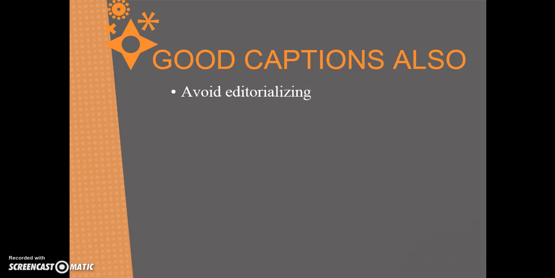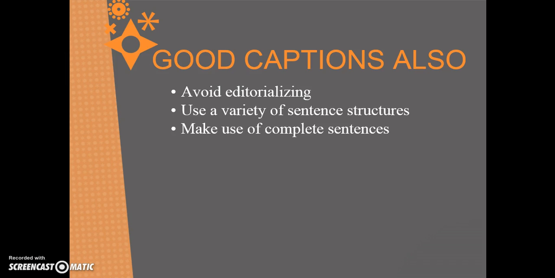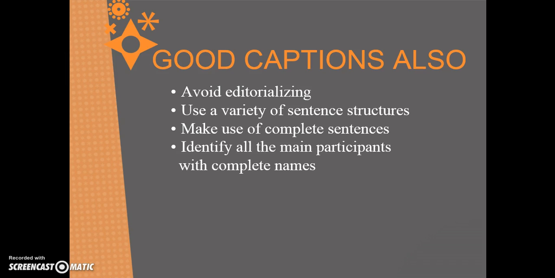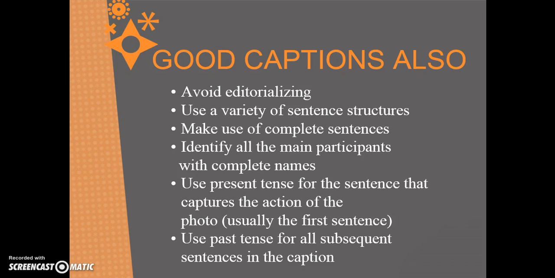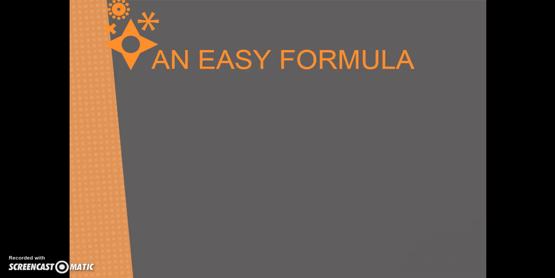That is not how you are going to write a caption. You should not put that in a caption, nor should you put that in your copy. You should use a variety of sentence structures, make use of complete sentences, identify all the main participants with complete names, and use present tense for the sentence that captures the action of the photo, which is usually the first sentence there. And then use past tense for all subsequent sentences in the caption.